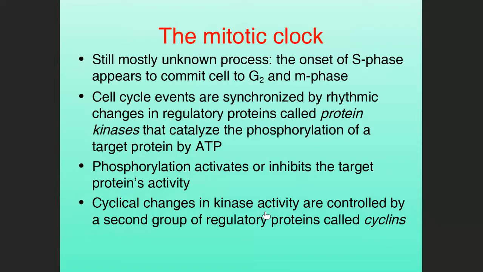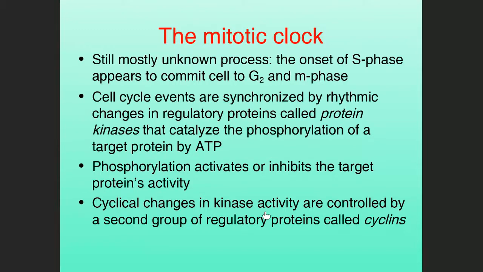The cell cycle events are synchronized by rhythmic changes in regulatory proteins called protein kinases that catalyze the phosphorylation of a target protein by ATP. The phosphorylation activates or inhibits the target protein's activity.